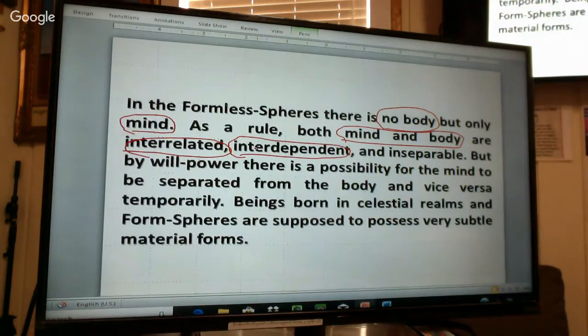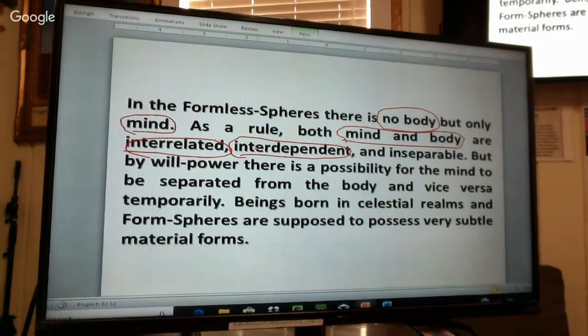Their lifespan is so long, many years. At that time, the body is not supporting the mind. Being born in the celestial realm of the form sphere, they are supported by very subtle material form, but in the formless sphere, there is no material. You need to understand that, okay?